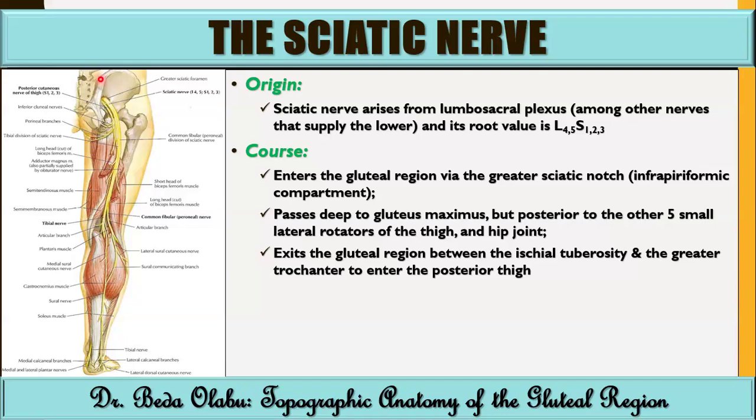One point, the midpoint between the posterior superior iliac spine and the ischial tuberosity, and another midpoint between the ischial tuberosity and the greater trochanter. Join those 2 points with a line, except the line is not very straight. The line is slightly convex laterally. That is the surface marking of the sciatic nerve in the gluteal region.